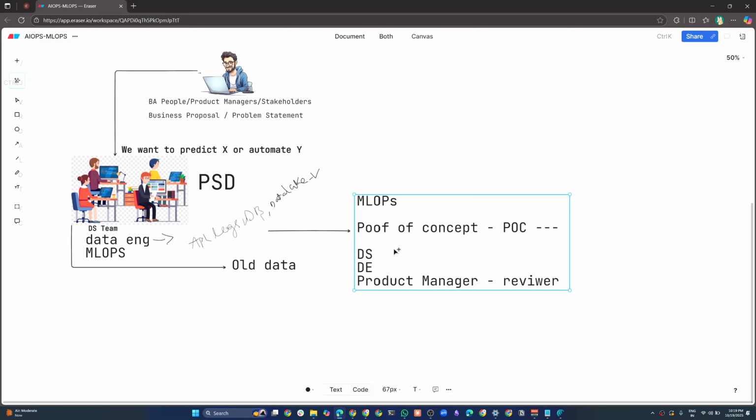They identify evaluation metrics, the prototype model, and a report as per the business problem. And they will show in the document a technical term called ROI. What is the ROI with this prototype or POC? Is it at a promising level or not? Return on investment.